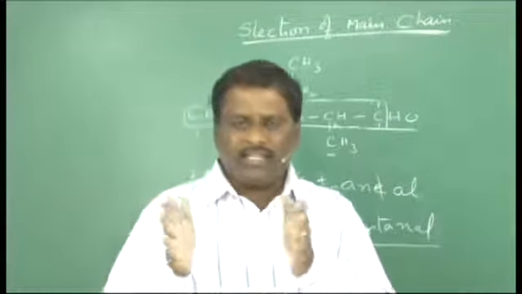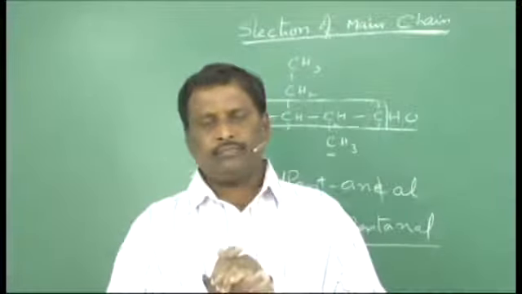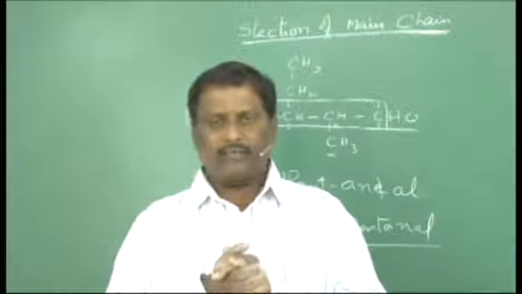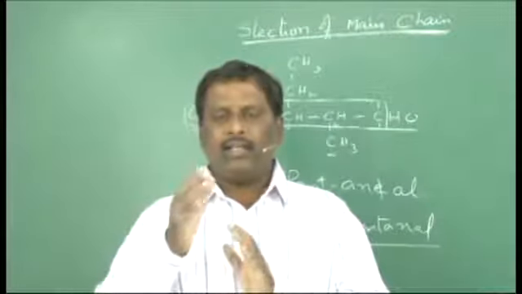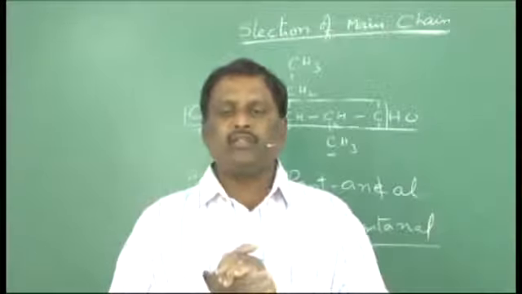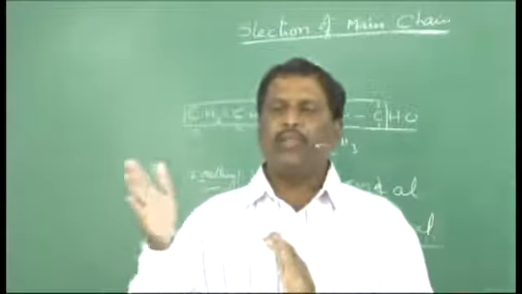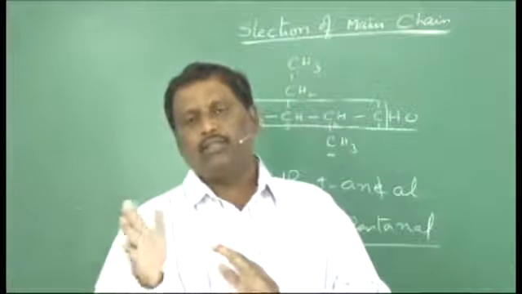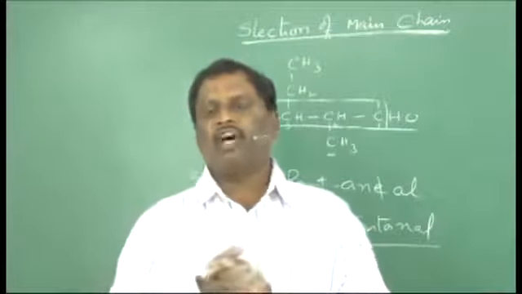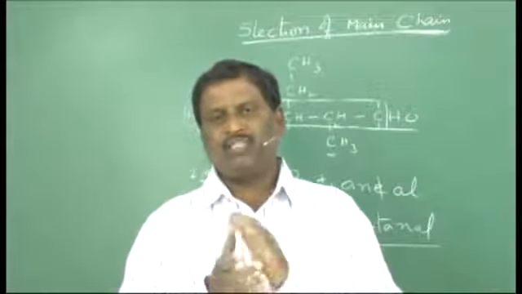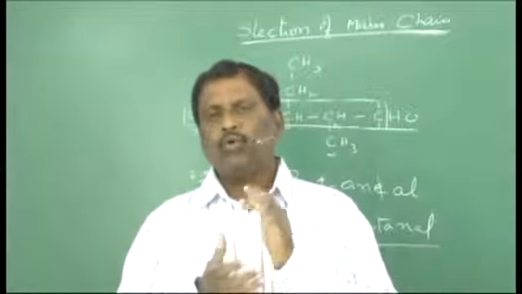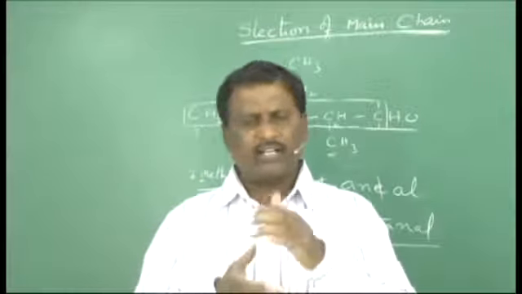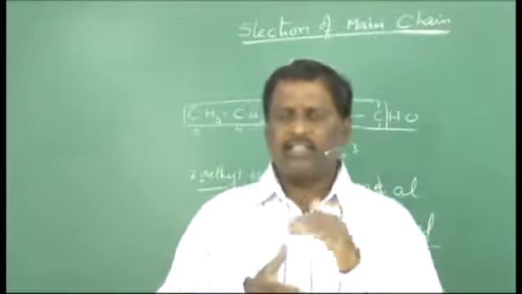So, while arranging them as prefixes, you should follow alphabetical order, the starting letters of the prefixes should be in the same order as the English alphabet. So, these are the important rules in the selection of the chain. There are so many rules. Let us discuss one by one.